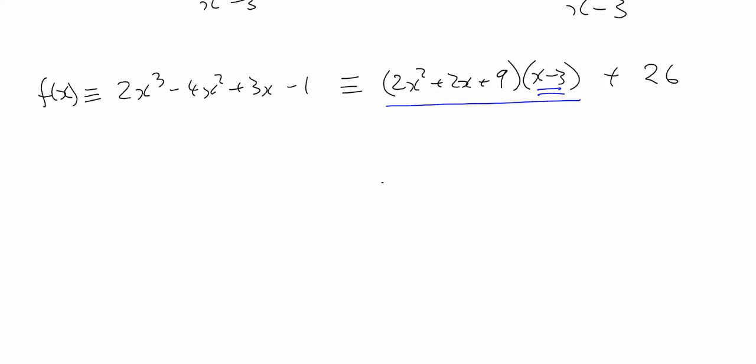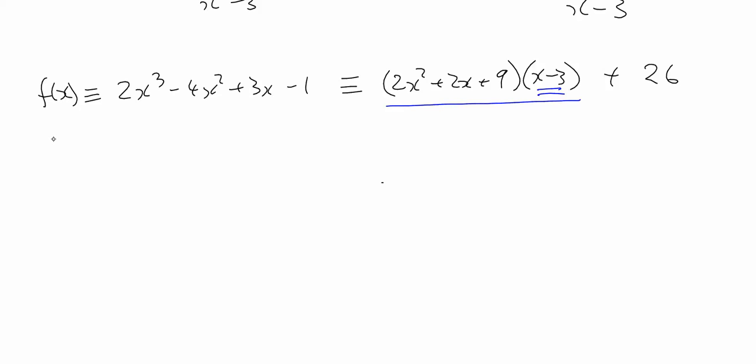So in order to find the remainder, we don't have to do the long division. All we have to do is substitute 3 into the function, and that would be equal to the remainder.